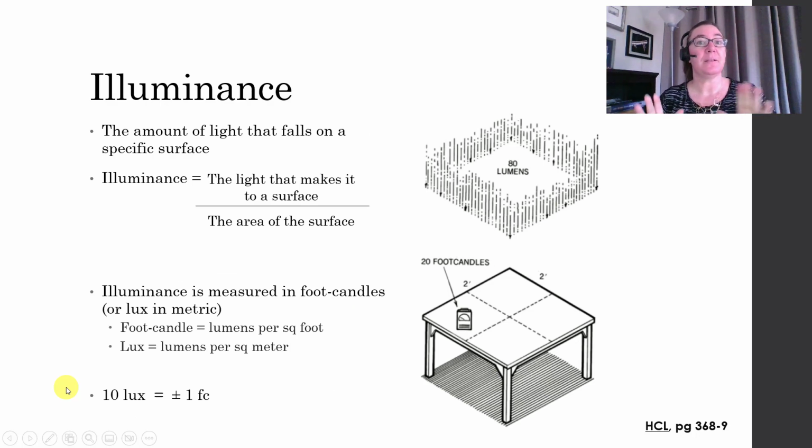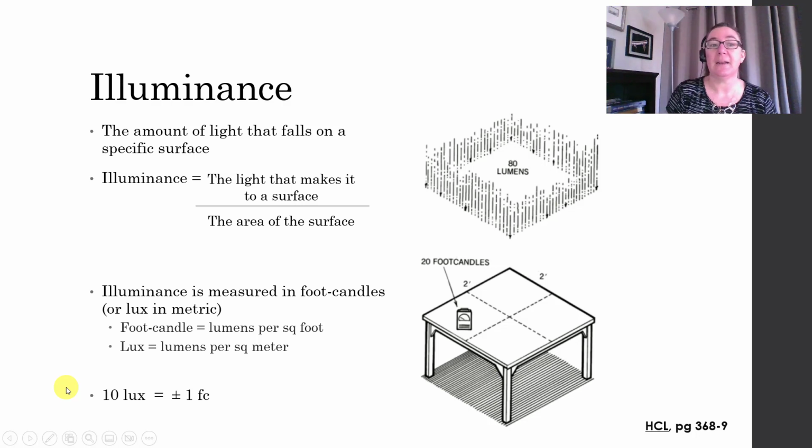But it turns out as lighting designers, all right, that's not the most critical measurement. And so what we're interested in is called illuminance. Illuminance is not the amount of light that's being poured out by the fixture. It is the amount of light that falls on a specific surface, right?